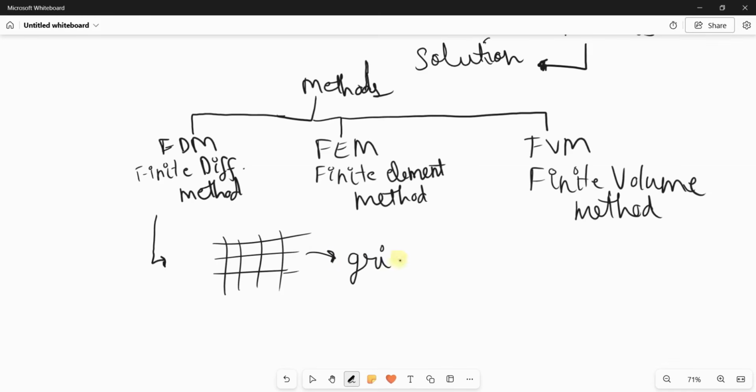Now each grid, suppose, has some value, and you find the value of another using neighboring values. In order to find values of parameters, you use difference functions.